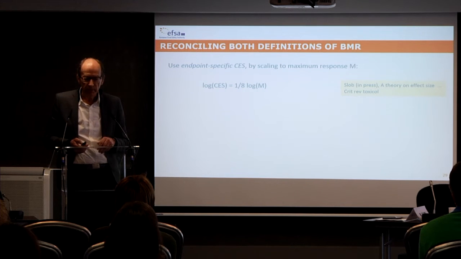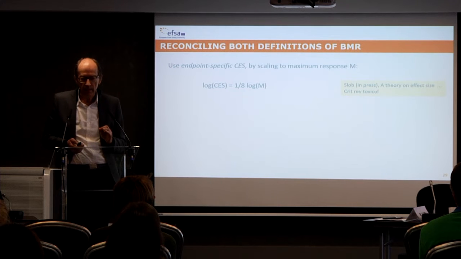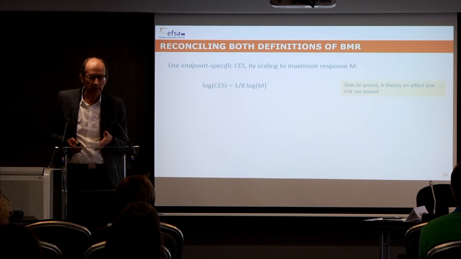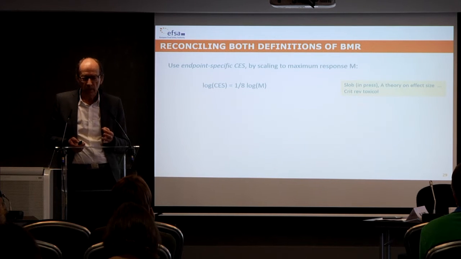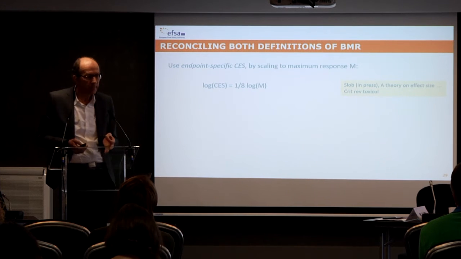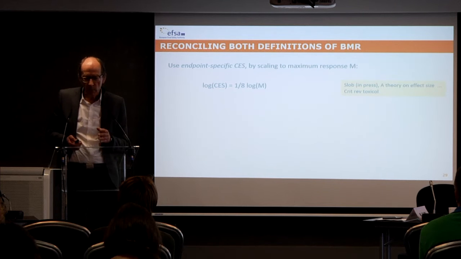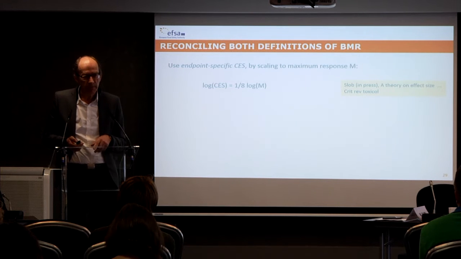And this derives from a somewhat different assumption, which says that the critical effect size, well, I use the critical effect size notation, it is the same as benchmark response percent change, is to define a small benchmark response as 1/8 of the log of the maximum response.